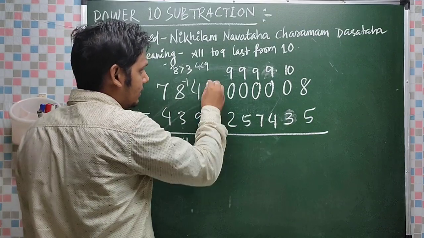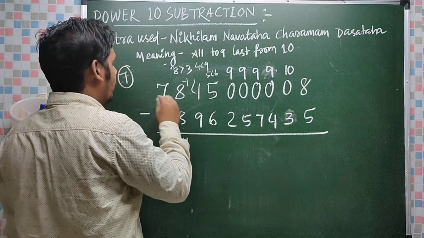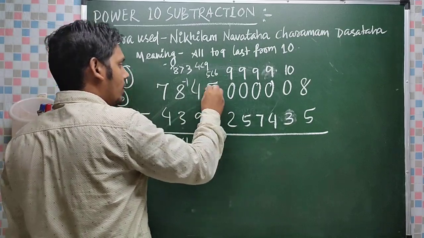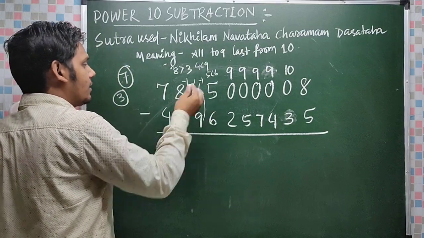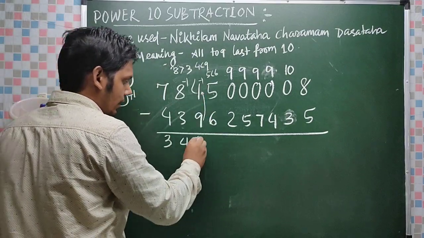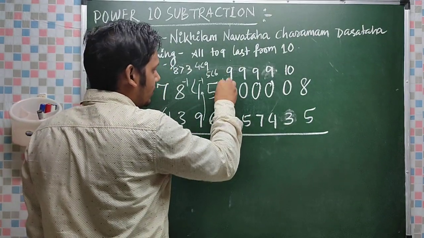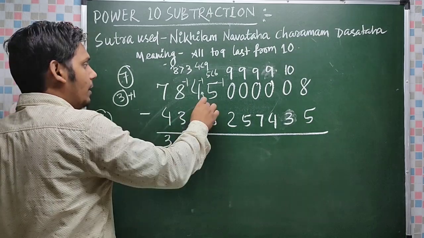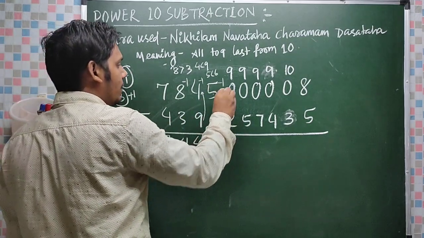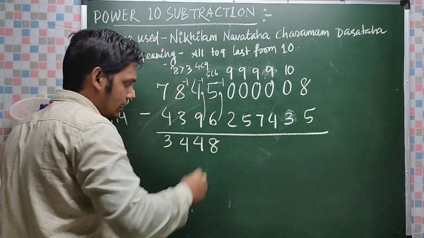Now 5 is less than 6, so 4 will be decreased by 1, 4 minus 1 is 3. 3 plus 9's complement, that is 1, that means it is 4.